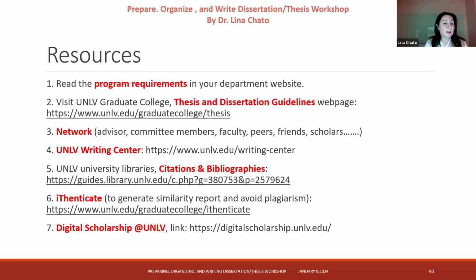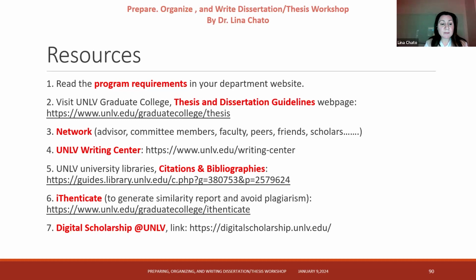Also, maintain a good network with your advisor, committee, faculty, peers, friends, scholars. These people will provide support and advice and help you in this process. Also, you can visit the UNLV Writing Center. They have different types of help they can provide to students. These can be in your writing, or, as I mentioned, the citation, and so on.